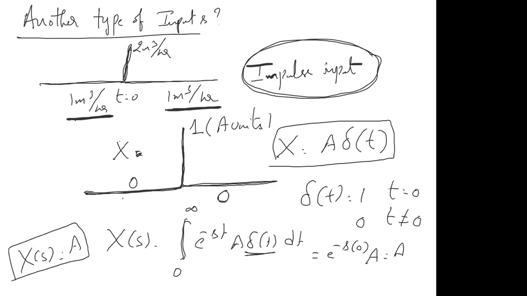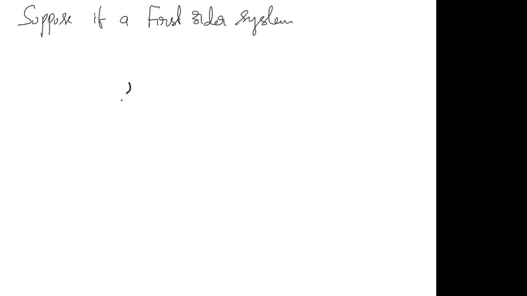What is the next one? Suppose a first order system is disturbed by an impulse input.